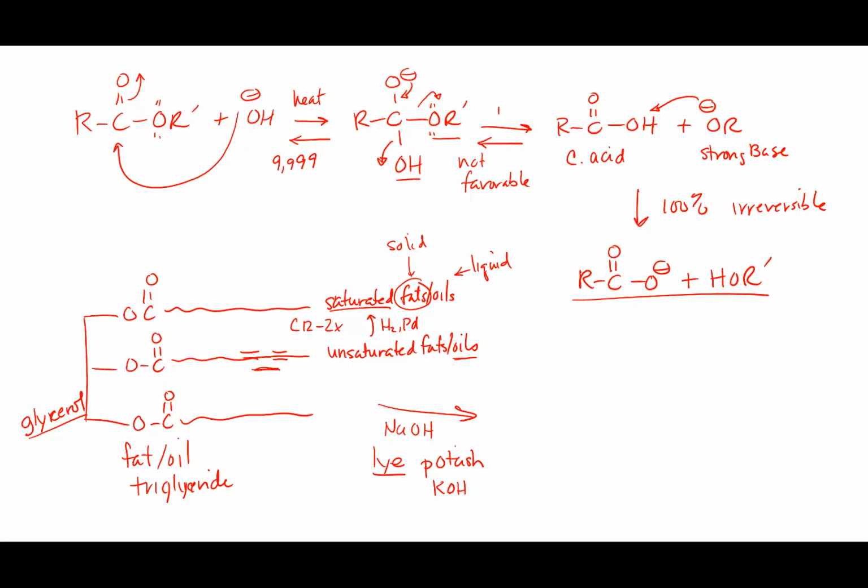You would use either one of those. You would boil your fat and your oil in those two bases, and you would get the glycerol, and you would also then get carboxylates, either saturated or unsaturated.